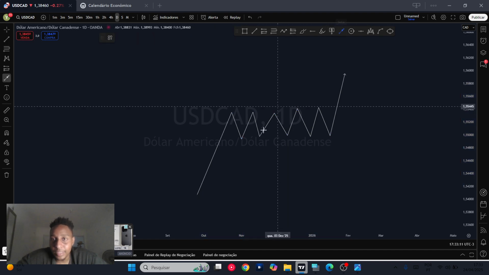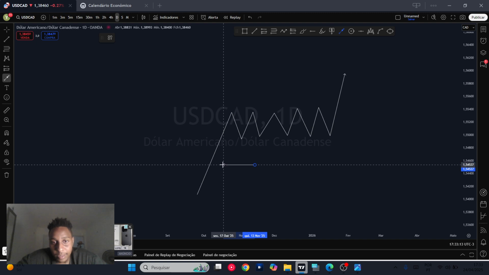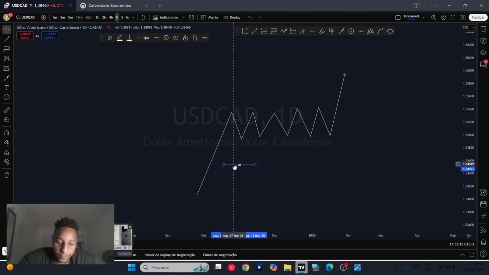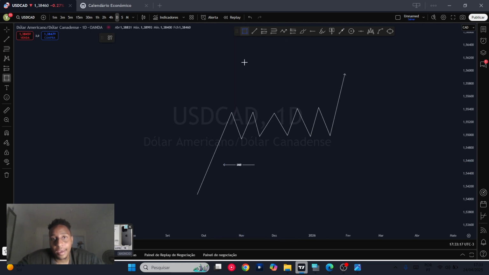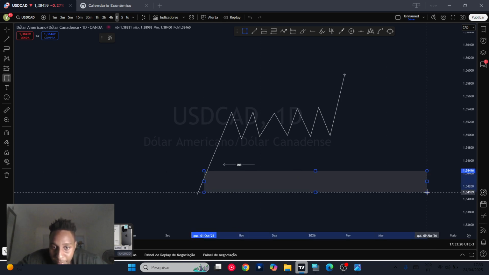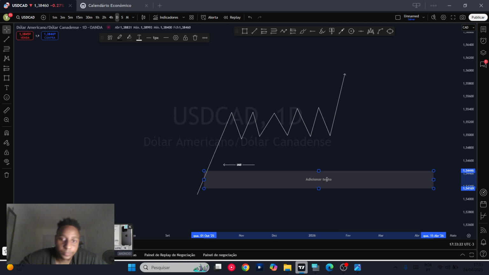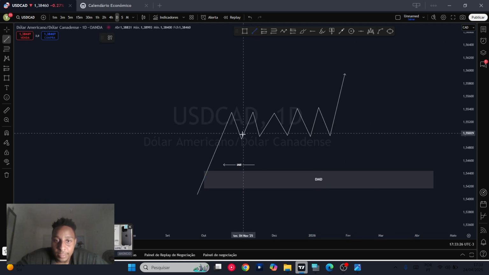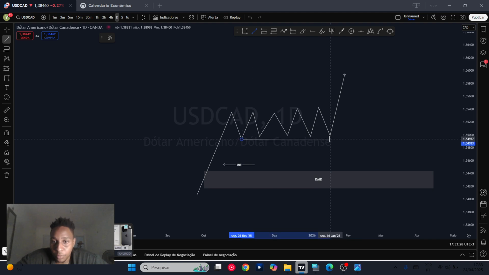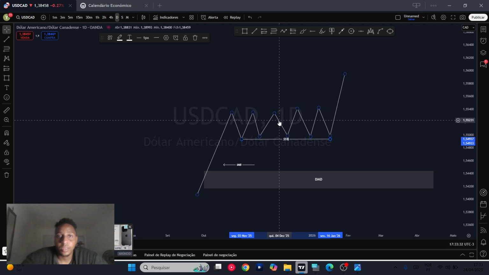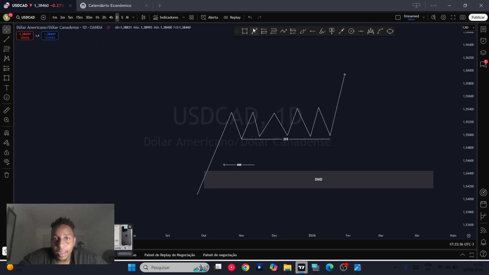If there is an imbalance right here, and or the block or demand zone right here, and basically price here broke structure, but remember this is liquidity. Buyers are happy, sellers are unhappy.